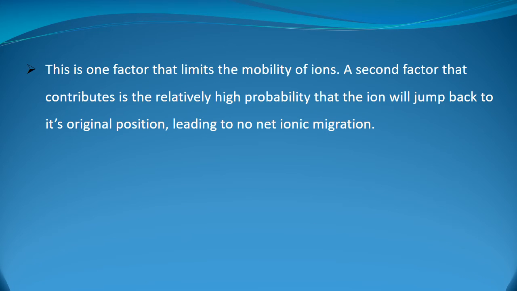And the second important factor is that there is a relatively high probability that an ion will jump back to its original position. So it recreates the original arrangement, and this leads to no net ionic migration within that material.